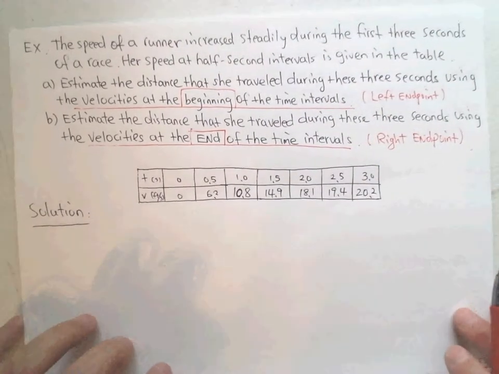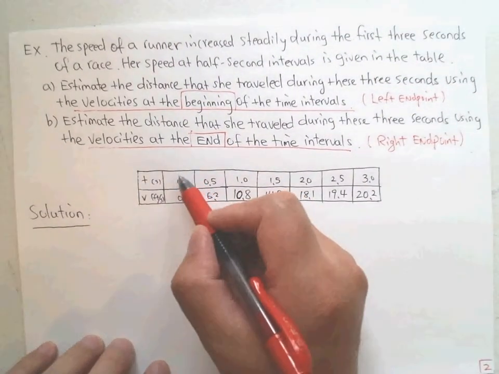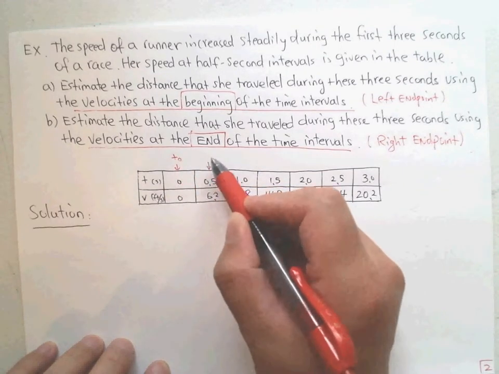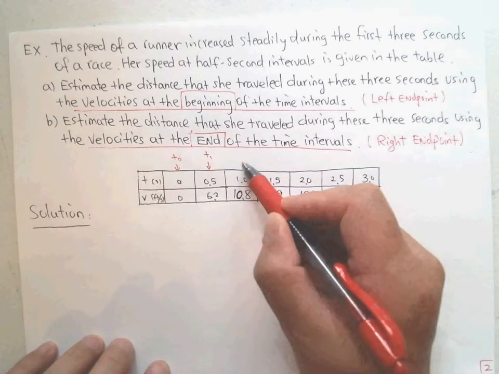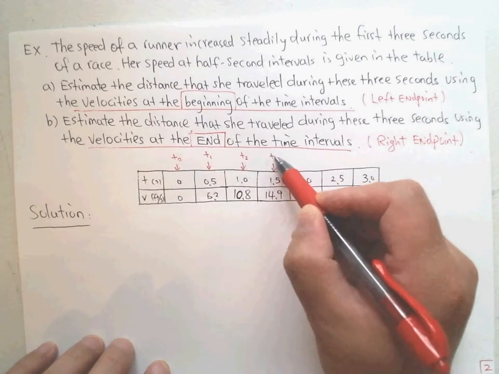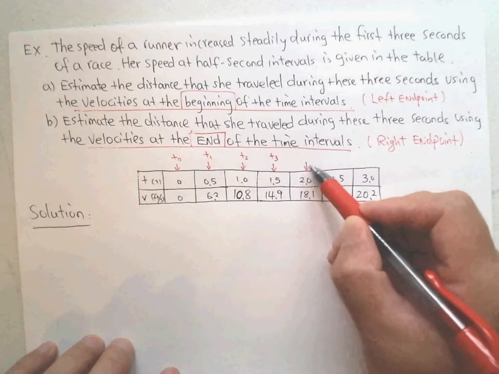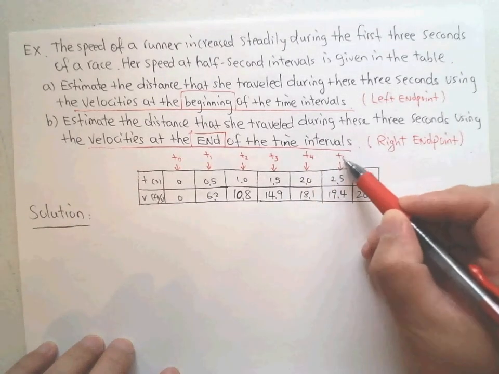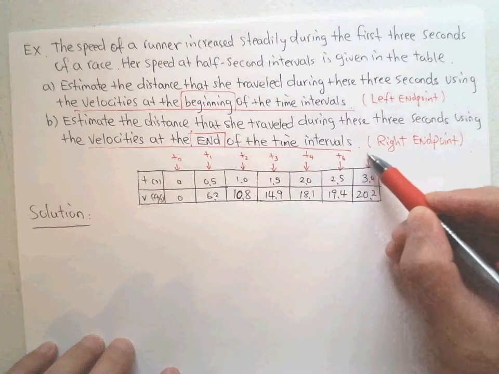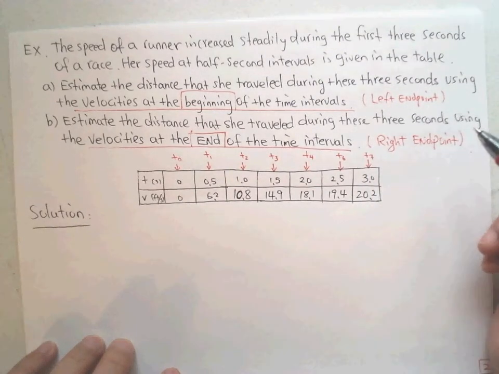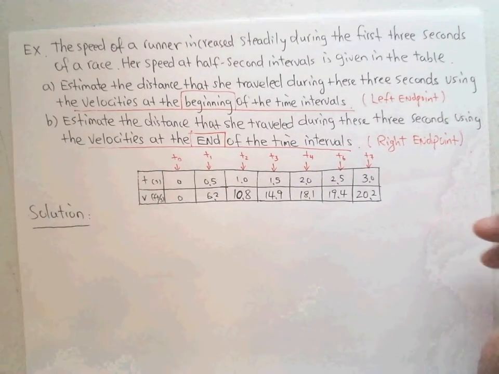Now it's easy because we have a formula, right? We set up the timer. So if I put this is T0, 0.5 is T1, 1 second is T2, 1.5 is T3, T4, T5, and so on. Let me see.